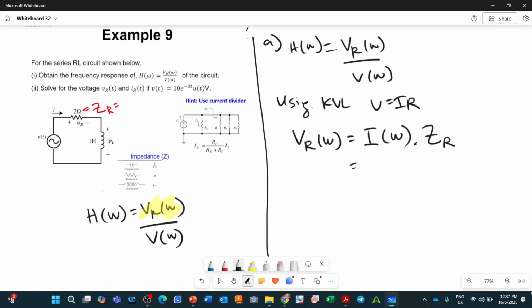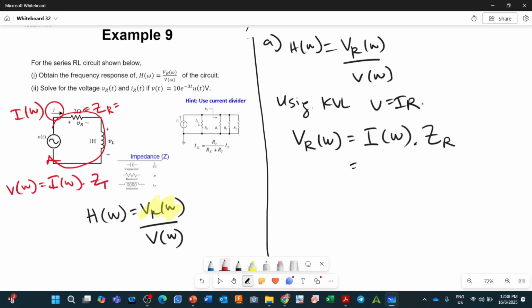And you can write I omega. If you have I, can you write it in terms of V over R? I omega is this one, right? So if you write it, you can write V omega equal to I omega times the total impedance.